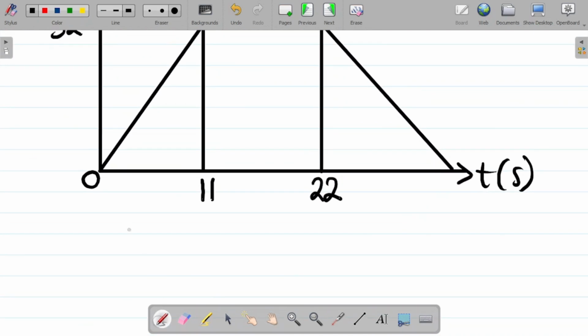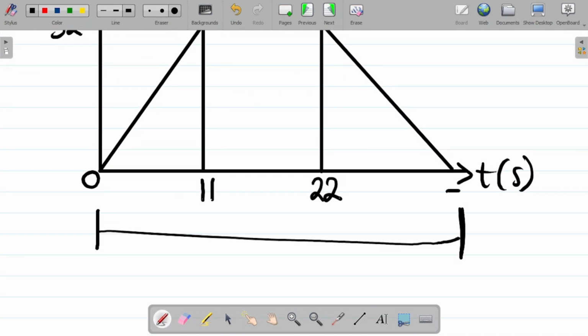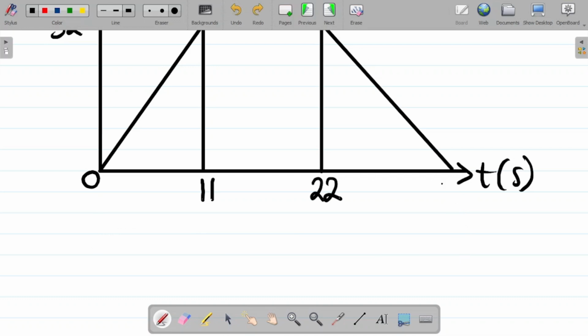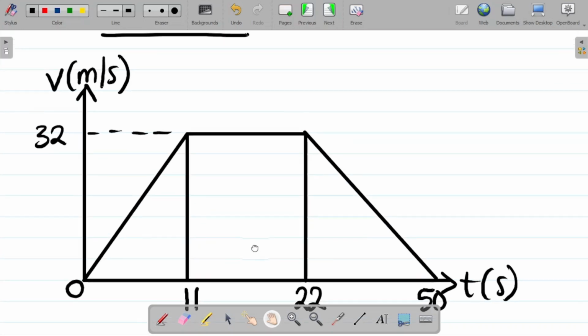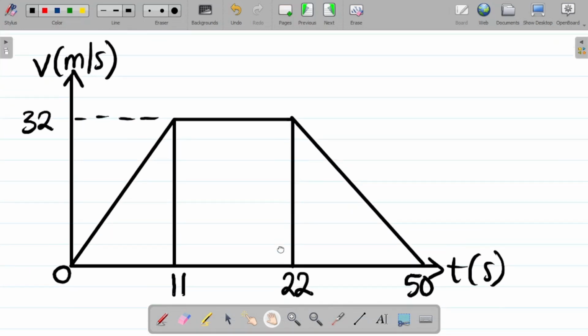So from the very start till the very end, this point here, is 50. So let's put 50 seconds there. So basically, this is my VT graph of the motion. This is how we draw a VT graph.